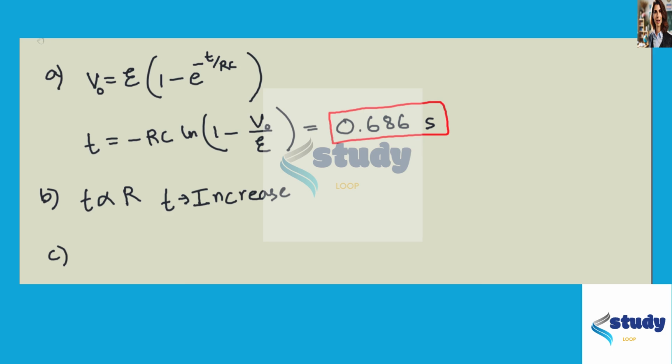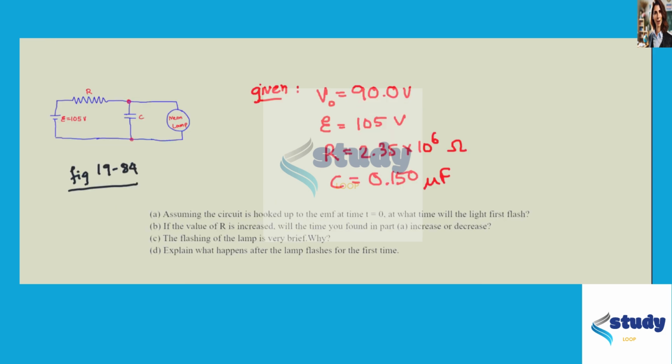In part C, we have to explain why the flashing of the lamp is very brief.